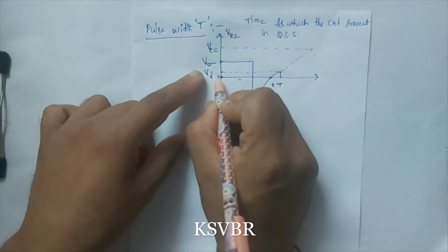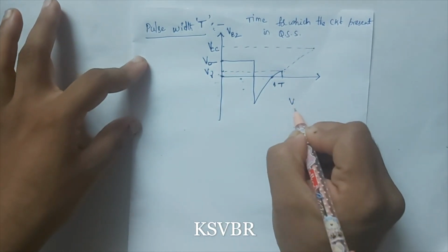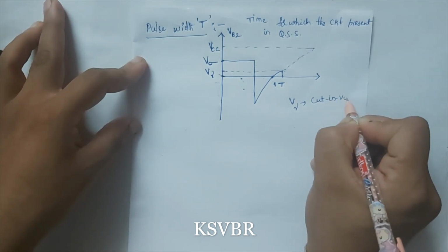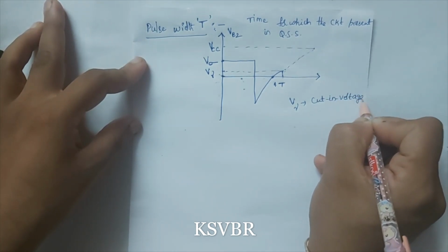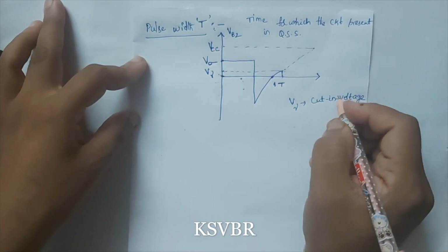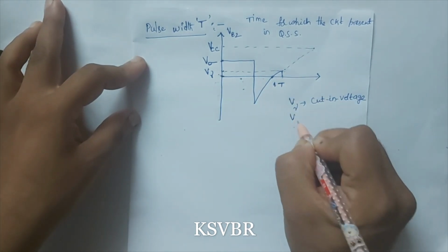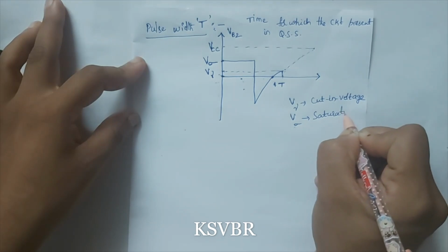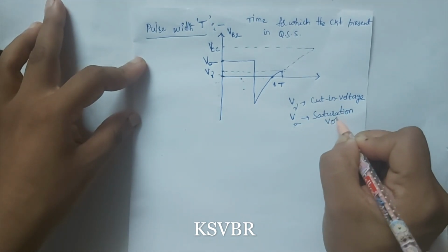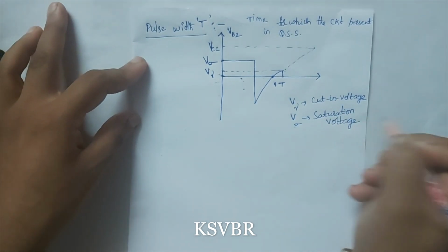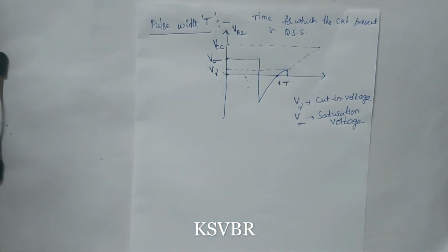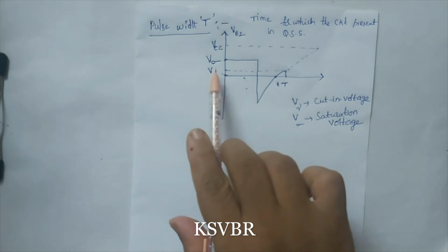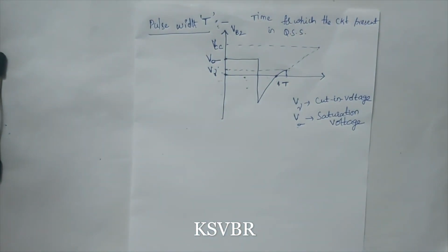This V gamma is cut-in voltage. That means the transistor will get just on and will be in active state. V gamma is saturation voltage of your transistor. Whenever the transistor enters into saturation region, the voltage will be V gamma. So we are having V gamma, V sigma and VCC.